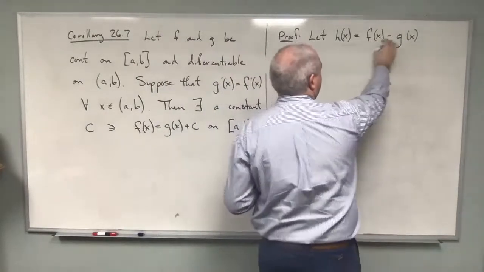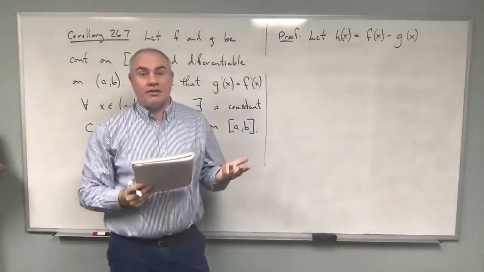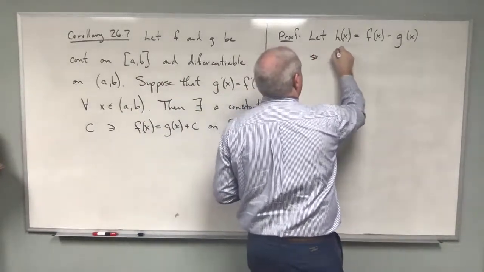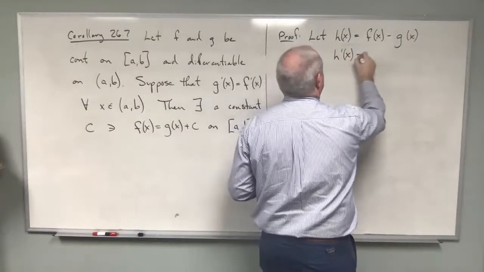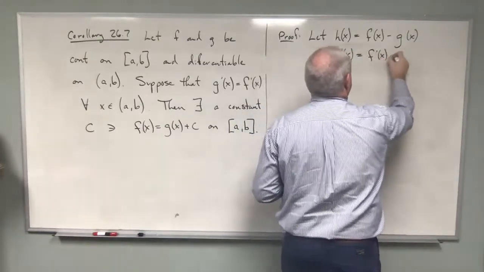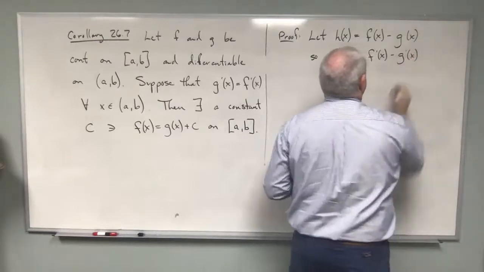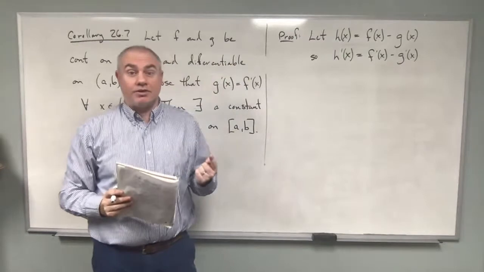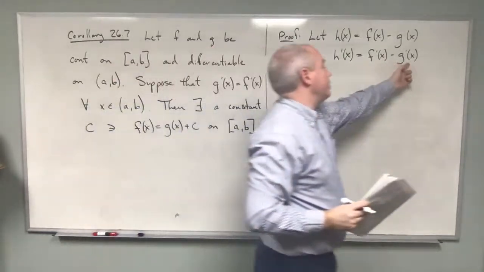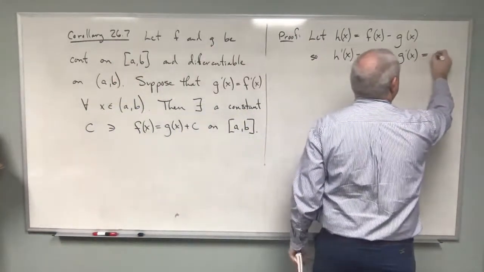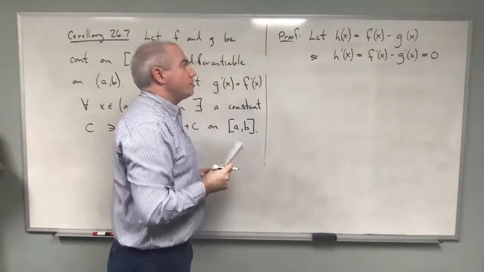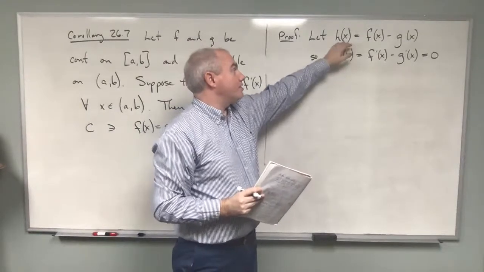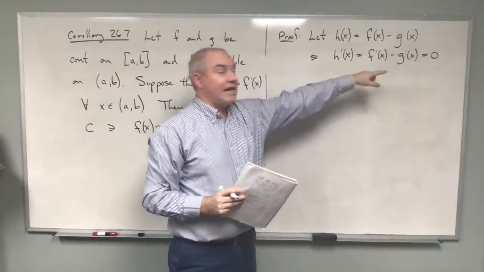Each of these is a differentiable function, so I can easily find the derivative h prime of x. We have that h prime of x is f prime of x minus g prime of x. But we know that f prime of x and g prime of x are the same function, so f prime of x minus g prime of x is 0. So here we have a function, h of x, whose derivative is identically 0.